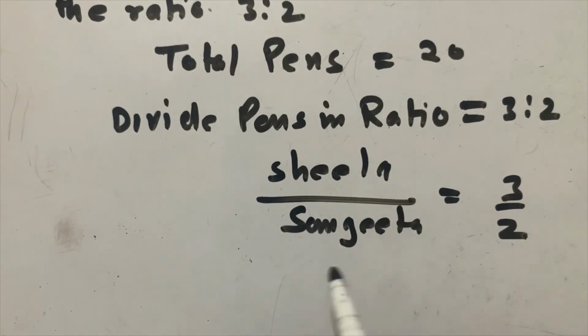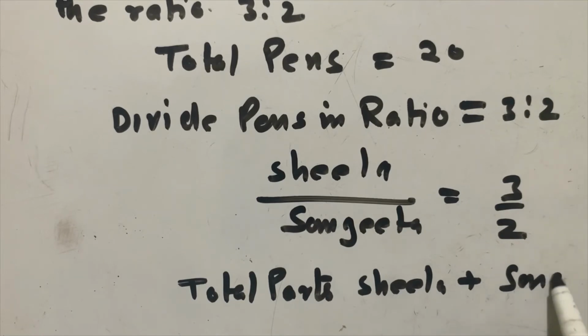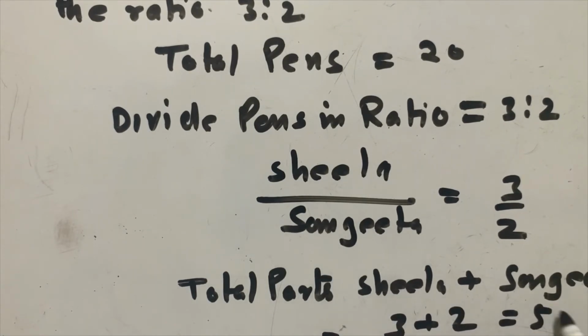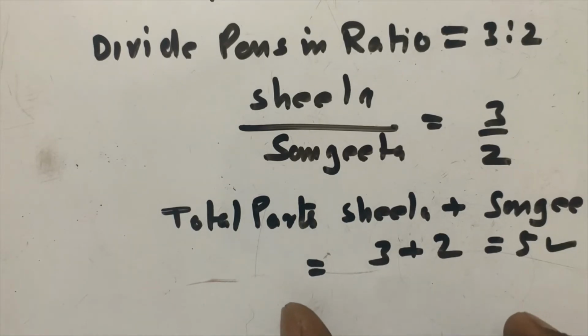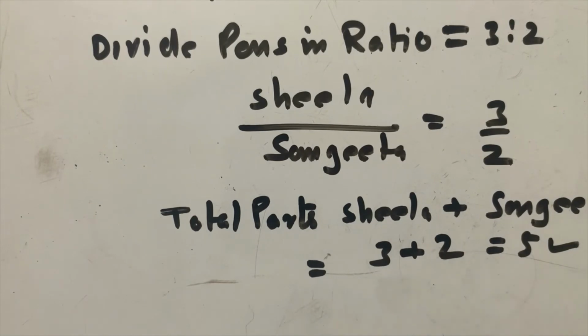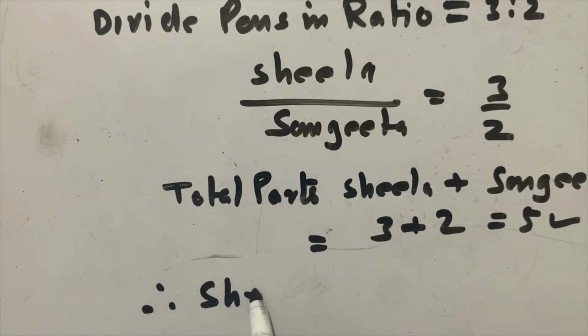Now total parts: Sheila's parts 3 plus Sangeeta's parts 2 is equal to 5. Total parts of the ratio are 5. So we have total parts which we have to divide, 3 plus 2 is 5. Now Sheila's share.